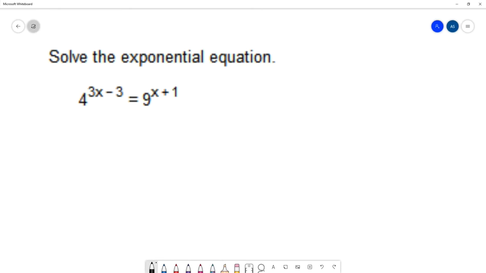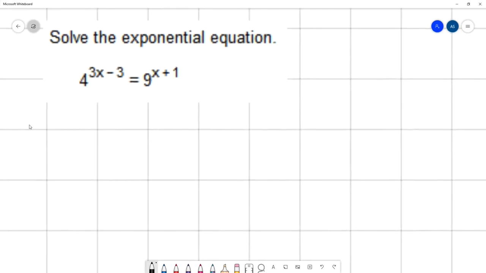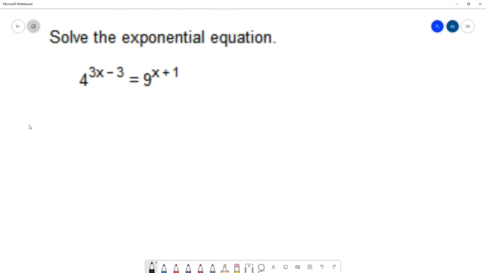And your calculator is going to have the natural log button on the home screen. If we convert it, we have to use a base 4 or base 9, and your calculator may not be able to type that in, or it might be in a hidden menu and it's a little bit harder to find. So I'm going to do this by taking the log of both sides.